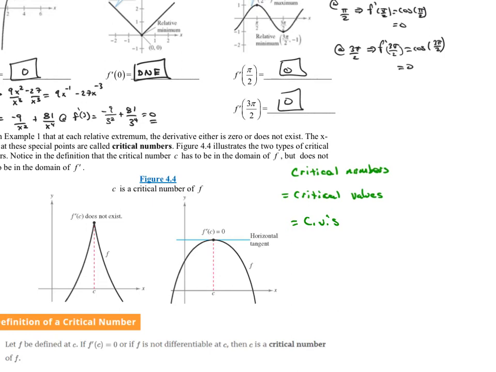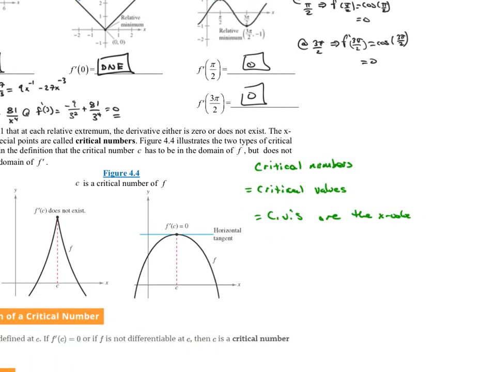That is, they are the x values where the derivative f prime of x equals 0, or where f prime of x is undefined.